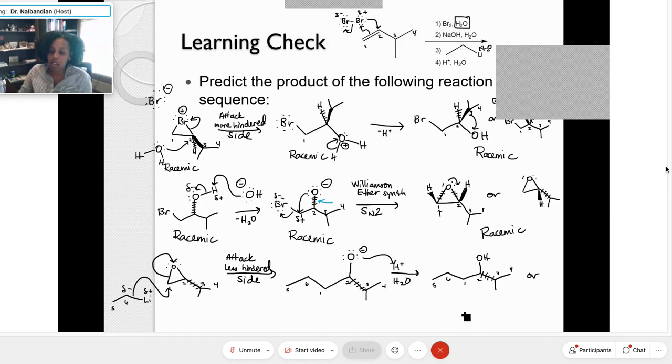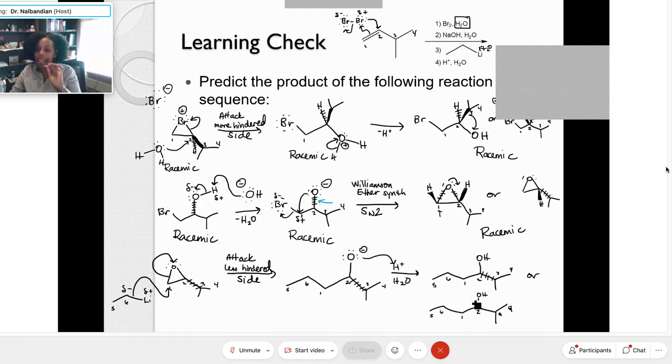We want to get all those carbons in the plane. And so what we want to do is get the OH either coming out of the plane or going into the plane.